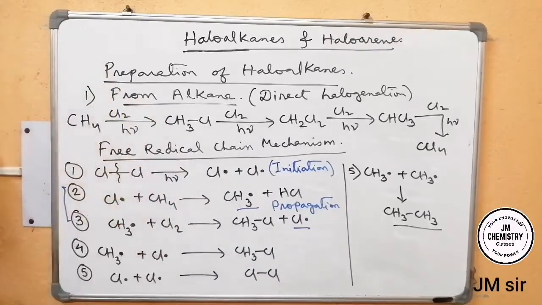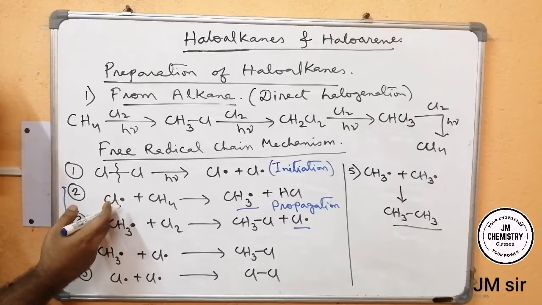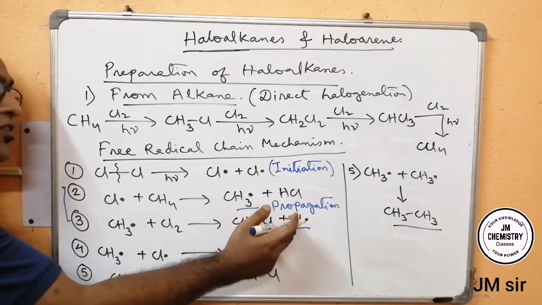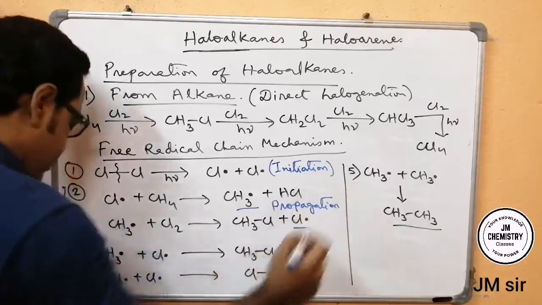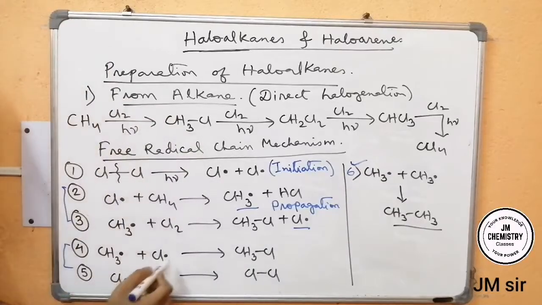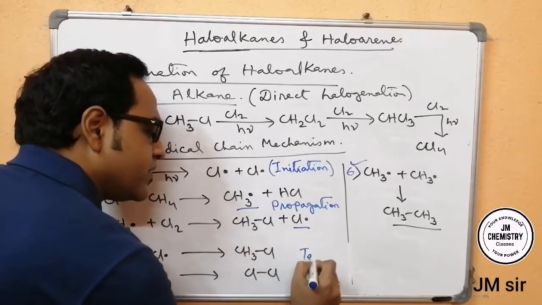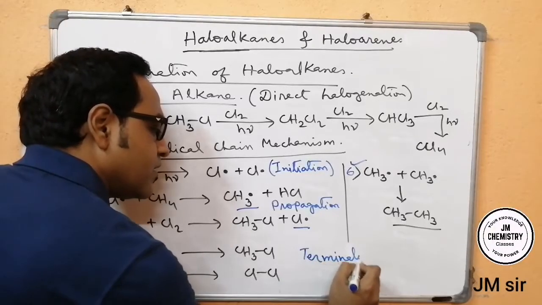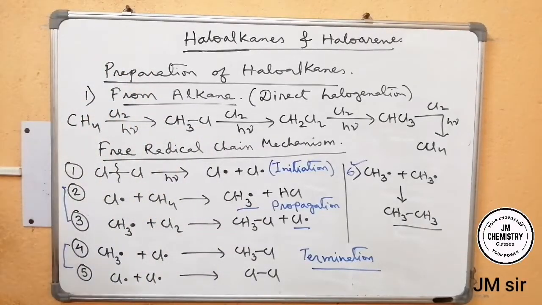The reaction continues with the formation of new free radical. In the fourth, fifth and sixth steps, you can see the free radical is being consumed, and so these three steps are called termination steps. Here the free radical is completely consumed.